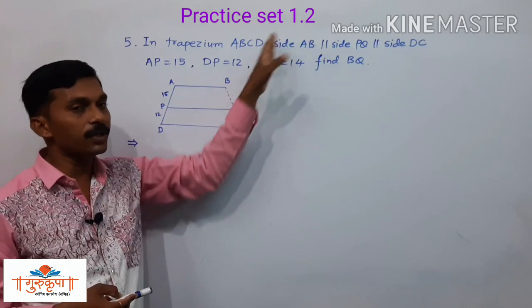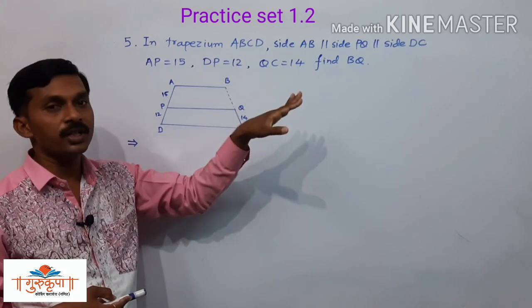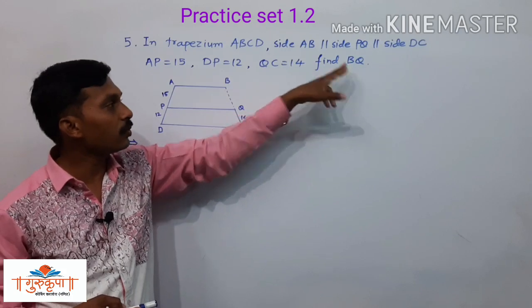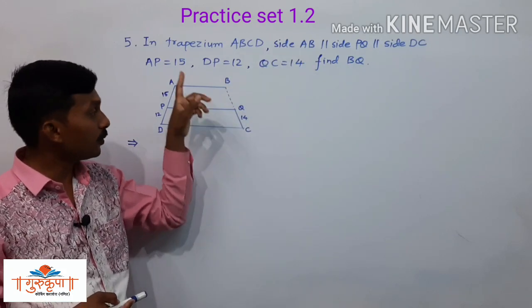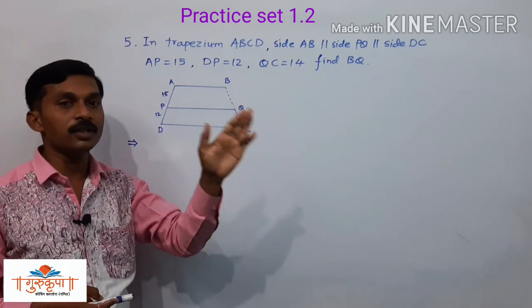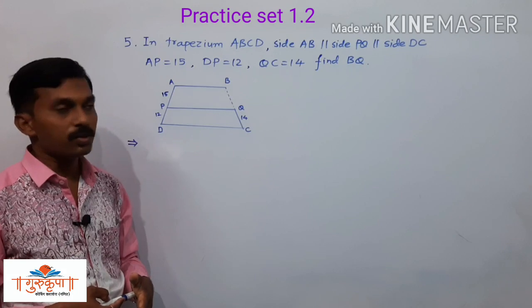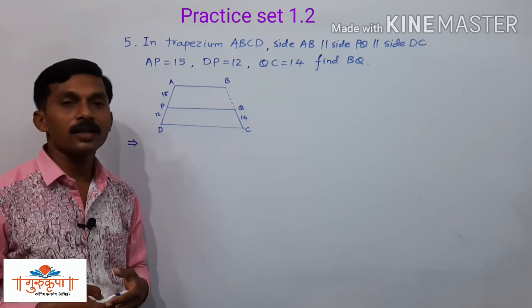Actually we have to find BQ only, but sometimes the question changes. At that time, first we find BQ, and then BQ plus CQ is BC. So here we will find BQ by using the property of three parallel lines and their transversal.